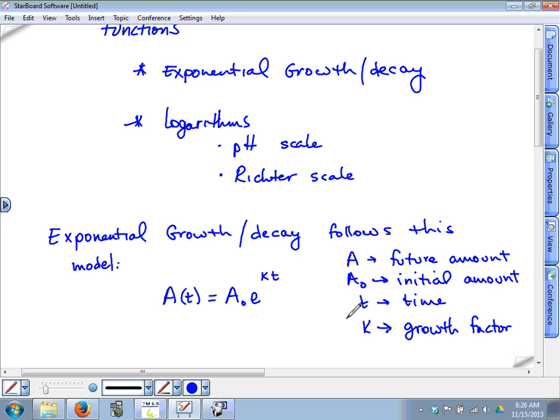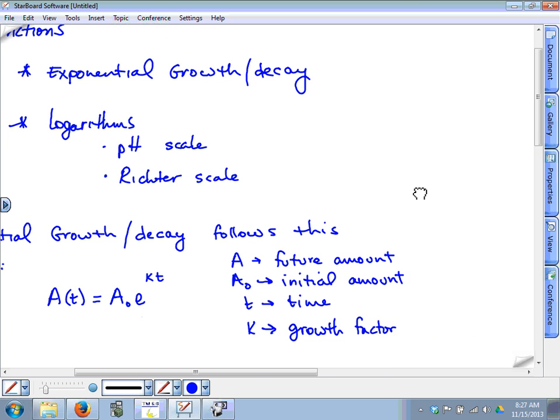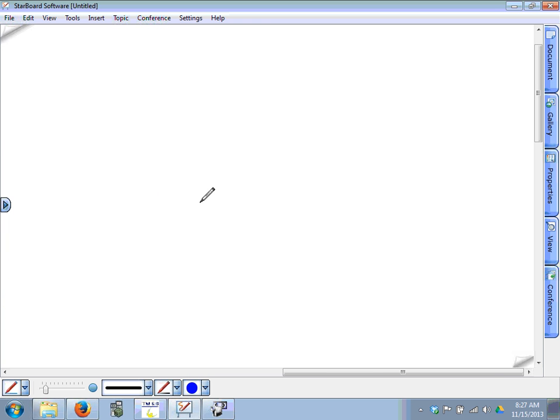If the growth factor is positive, your substance grows. If the growth factor is negative, your substance decays. Normally, exponential growth functions have a base larger than 1, correct? Exponential decay functions have a base that's between 0 and 1. Wouldn't this be growth here and this be decay here?